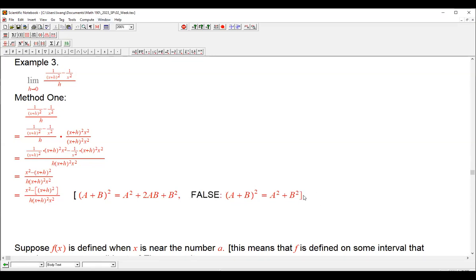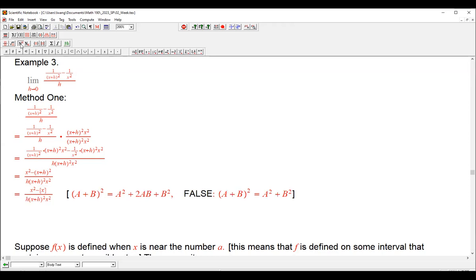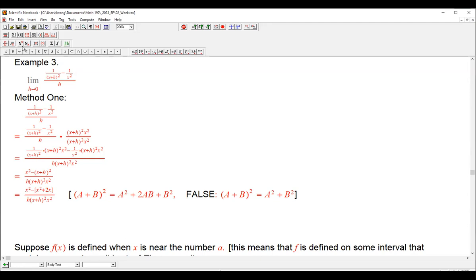You don't have to put the things I wrote in brackets in your work, but that's what I'm going to apply. So that's going to be x squared plus 2xh plus h squared.